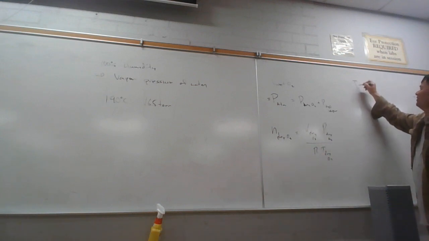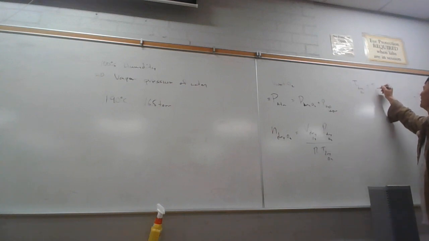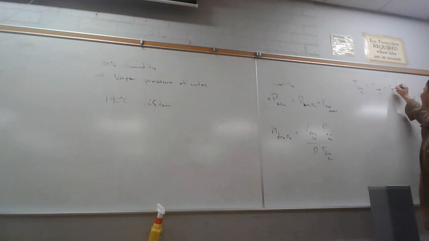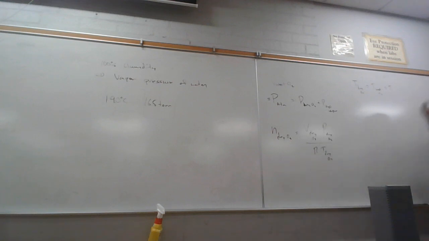The temperature of the dry O2 is just equal to the temperature of the wet O2, which is equal to the temperature of the gas or the water. They should all be in thermal equilibrium. We're going to assume everything's at the same temperature.